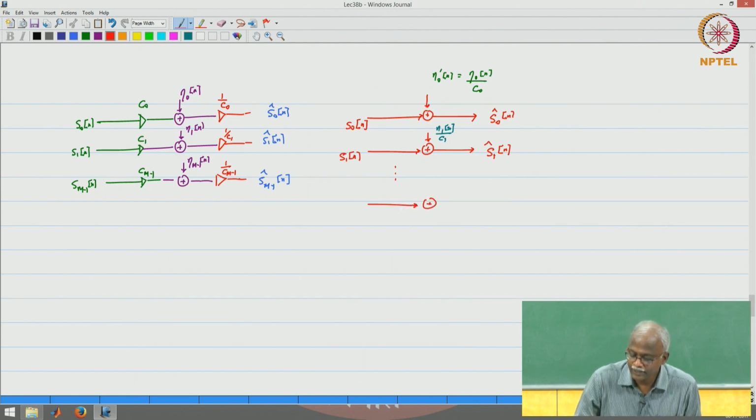The final channel input noise is eta m minus 1 of n divided by C m minus 1, and this is the final one. Okay, so very simple, very elegant, this is what it is all about.